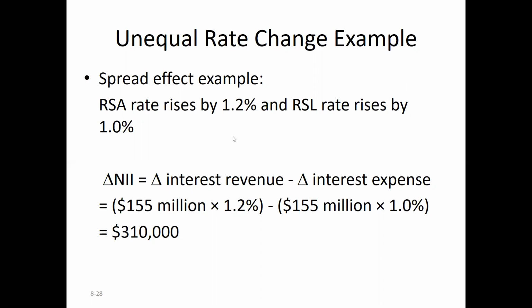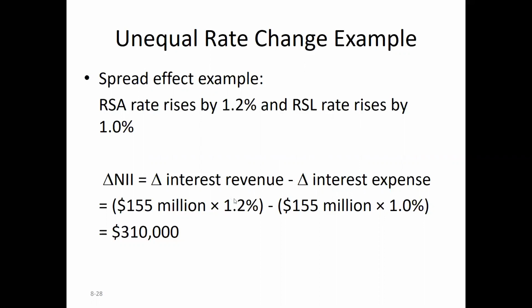As we said, if the gap is negative, an increase in the interest rate will lead to a decrease in the net interest income. However, when assets and liabilities are unequally adjusted, the changes in interest rate will not tell you the direction in accordance with the cumulative gap or gap ratio itself.